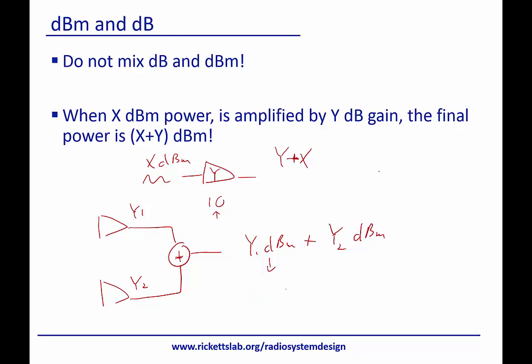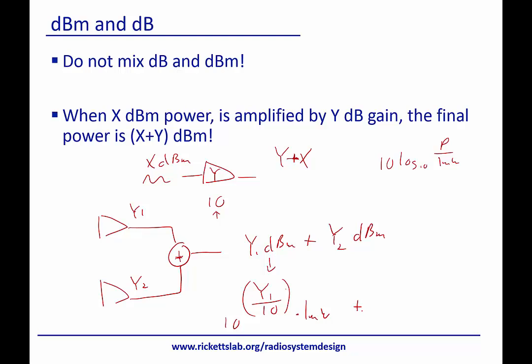Okay, now if we remember, dBm is 10 log 10 of P over 1 milliwatt. So what I would do is take Y1 and divide it by 10, and take all of that to the 10th power and multiply it by 1 milliwatt, and that gives me Y1 in linear.